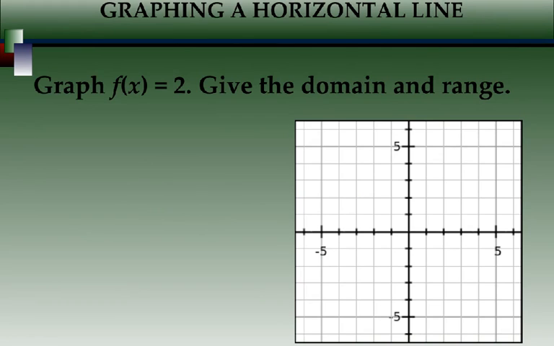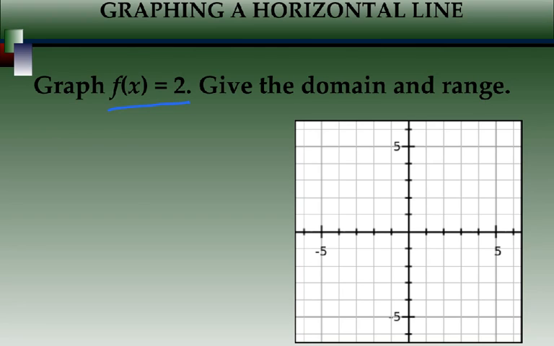Now on this one, we're graphing a horizontal line. Remember, a horizontal line goes left to right or side to side, however you want to look at it. And what we're given is that the graph of our function here is a horizontal line at y equals 2.